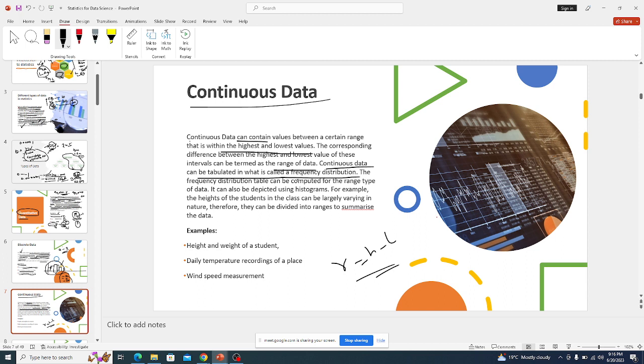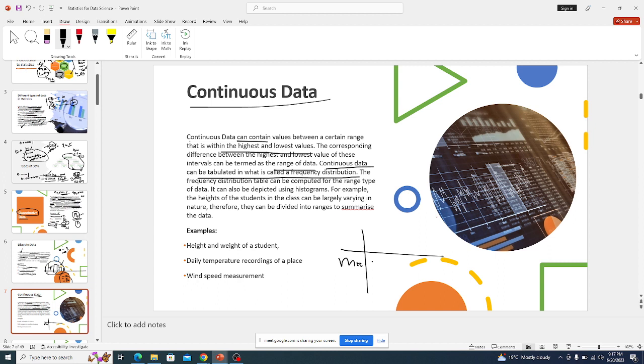Like for example, when we are talking about a frequency distribution table, let's assume maybe you are working in a German machine selling company. We know we have Mercedes and German machines, and we have particular sales in a certain week.